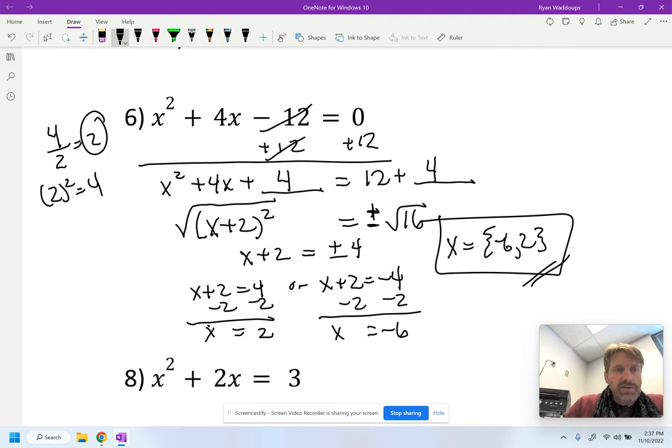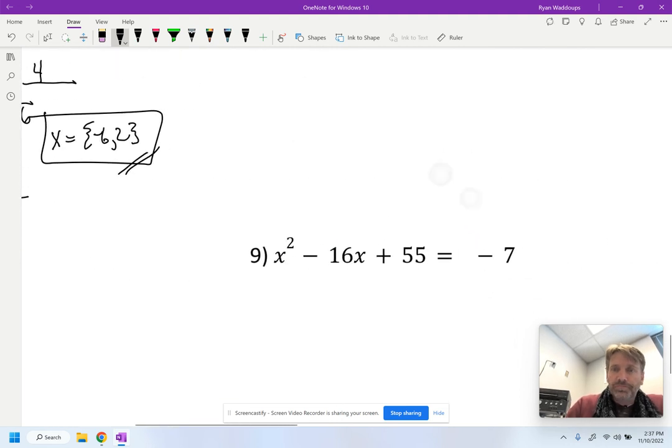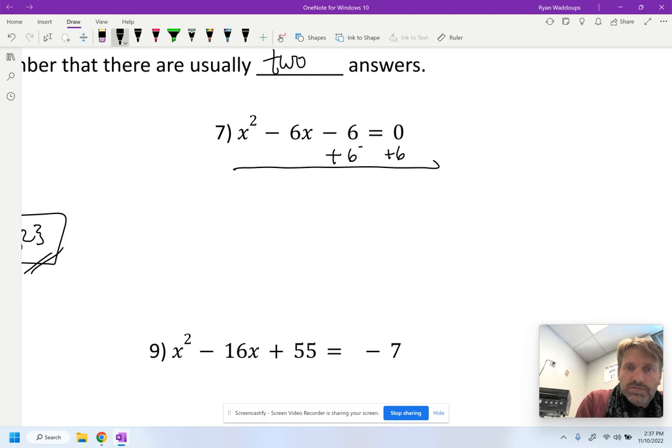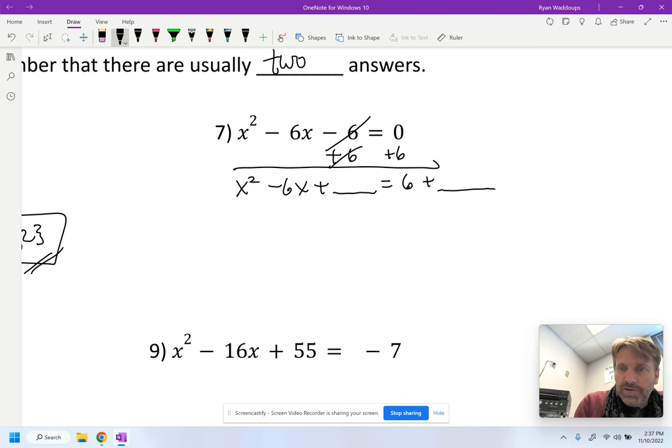All right, let's see, number 7. -7, I'm going to add 6 to both sides. Add 6 and add 6. X squared minus 6x plus some number equals 6 plus some number.